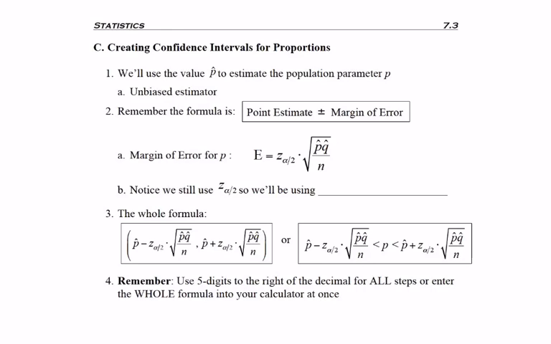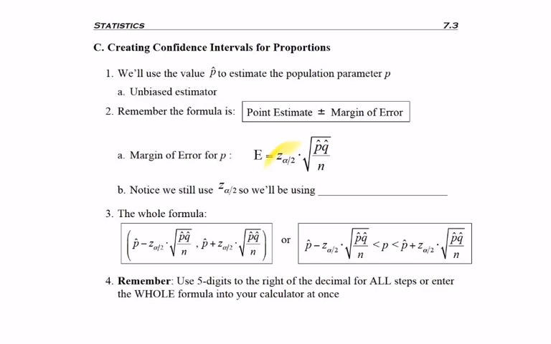The formula follows the same format. We take our point estimate, in this case p-hat, subtract a margin of error, and then also add a margin of error. So we had x bar before and we have p-hat now. The only difference is the formula for the margin of error for a proportion p.